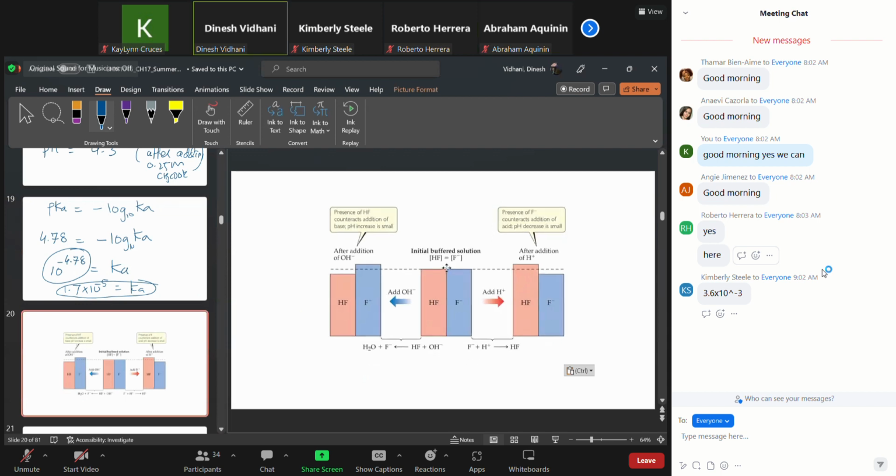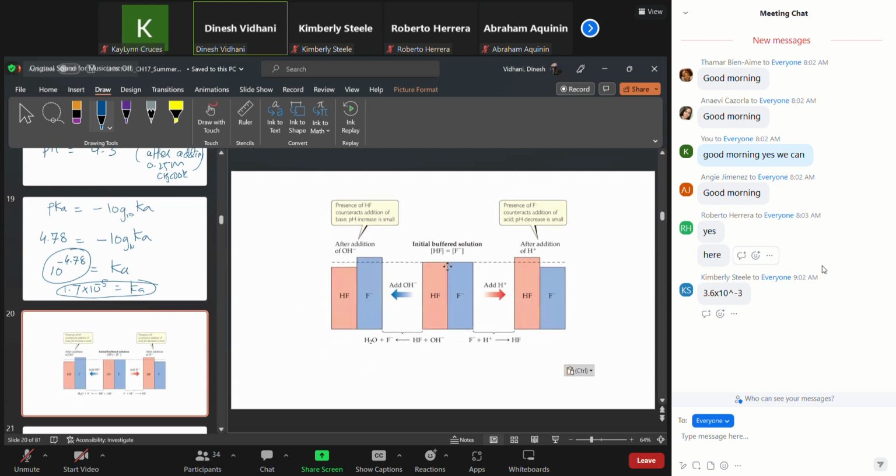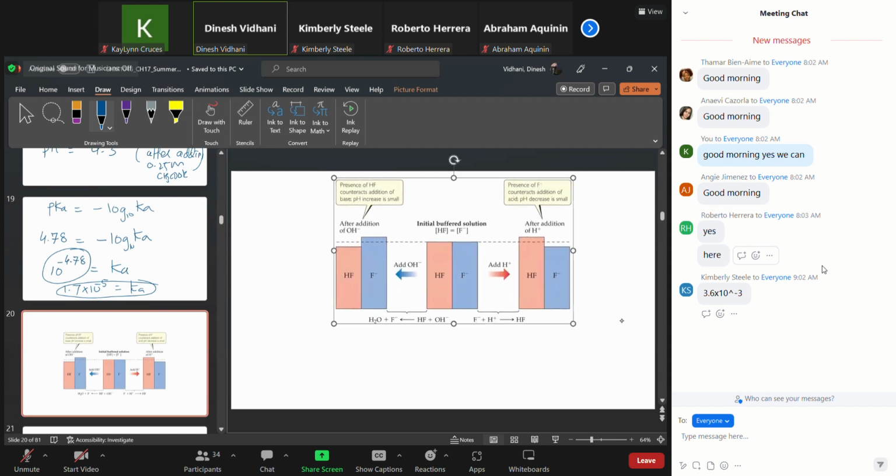Now this is what happens if I add external H plus in solution.